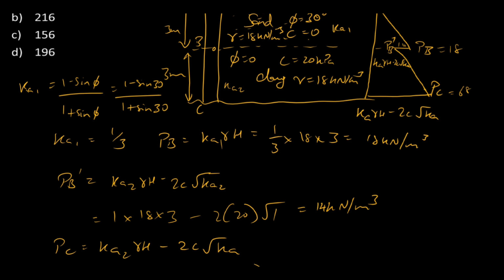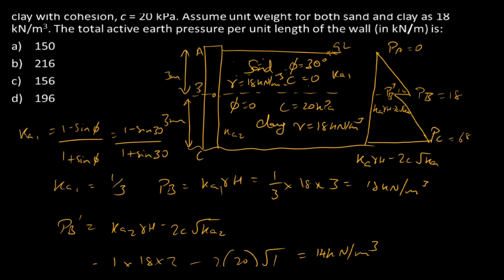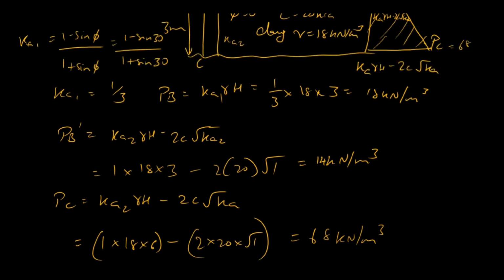To find the total active pressure per unit length of this wall, we need to calculate the area of this whole portion.